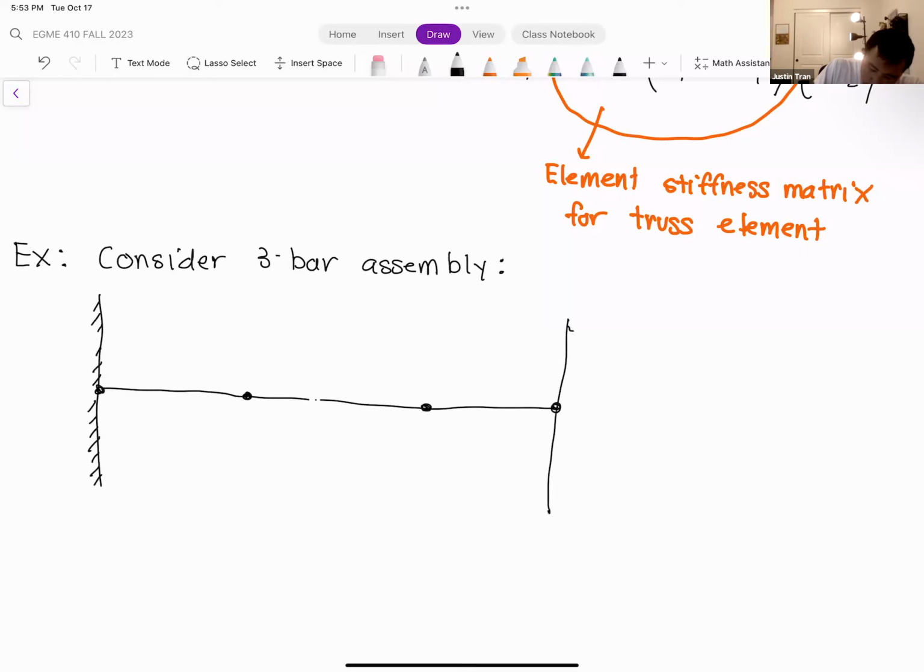Our assembly will consist of three elements: element A, element B, element C. Connecting these elements, we have node 1, node 2, node 3, and node 4. We're going to apply a horizontal force on node 2. This force is going to be 3,000 pounds.